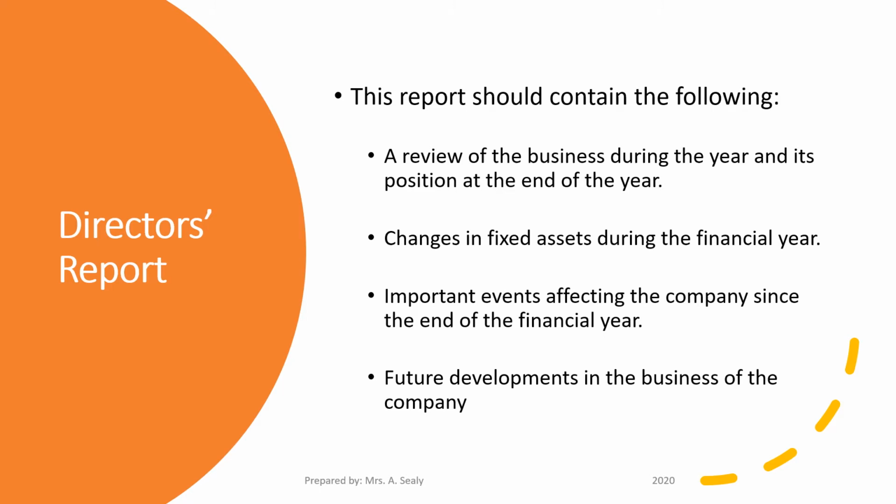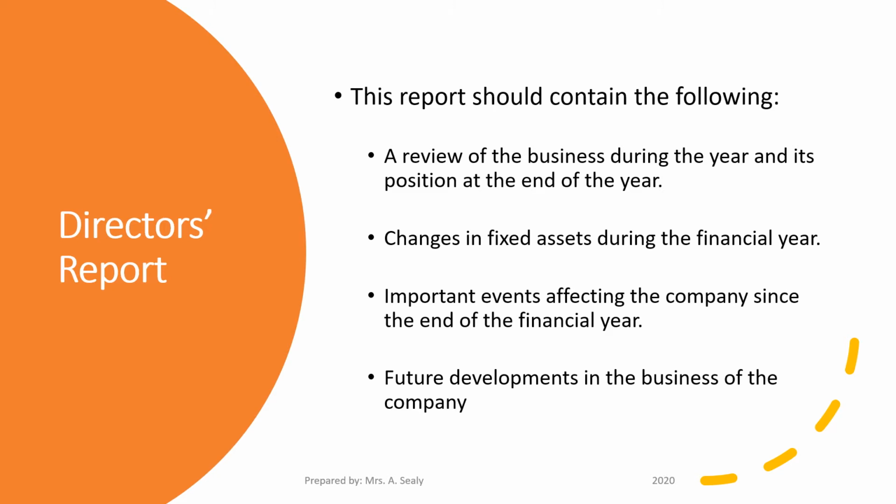Also, they will look at changes in the fixed assets or non-current assets during the financial year. Like for example, where the market value of land differs substantially from the value shown on the balance sheet. And so those are things that they will talk about, the changes in the non-current assets during the financial year.